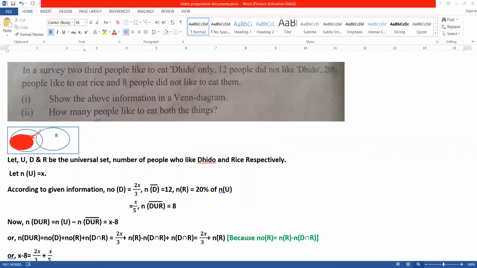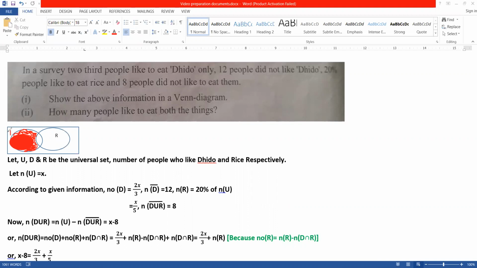Up to here, this part which I'm showing is actually the only part of D. This is the only part of set D.